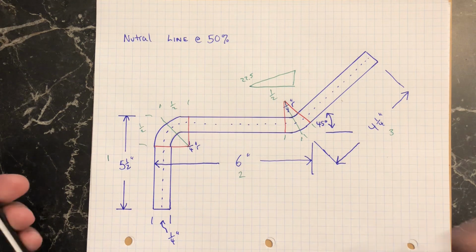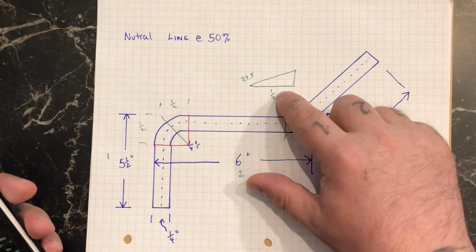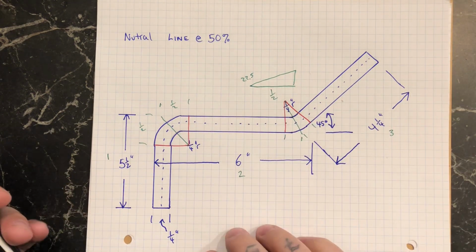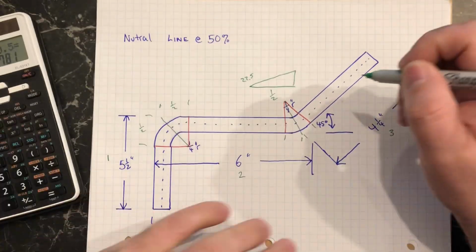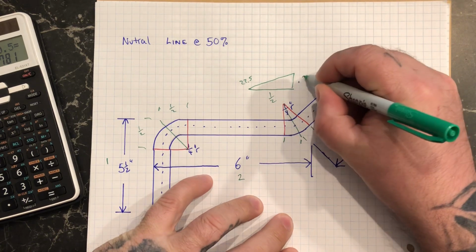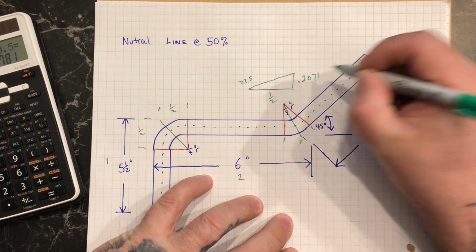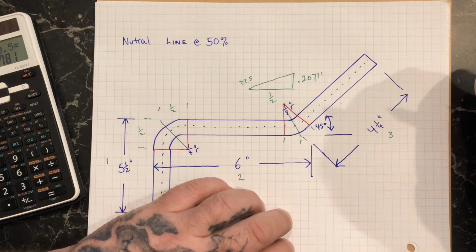Use my calculator. So we have adjacent and we're looking for opposite, so it's a tan function. It's tan 22.5 times 0.5 gives us 0.2071711.